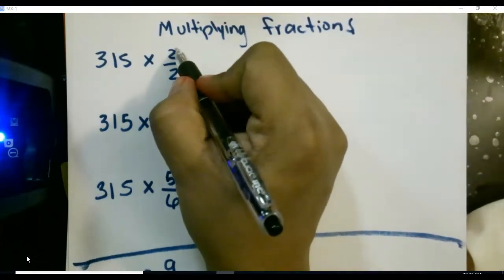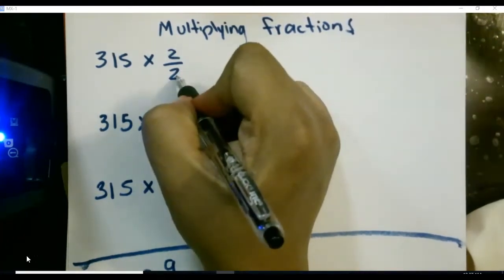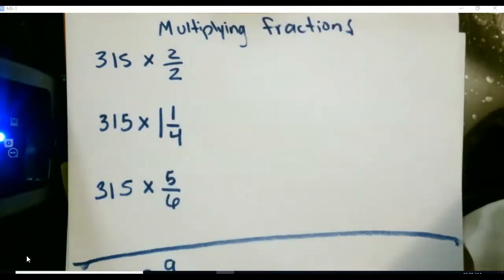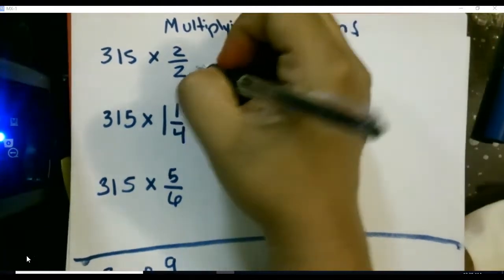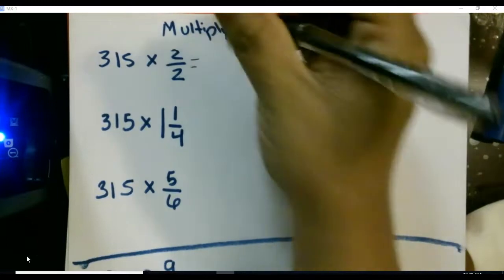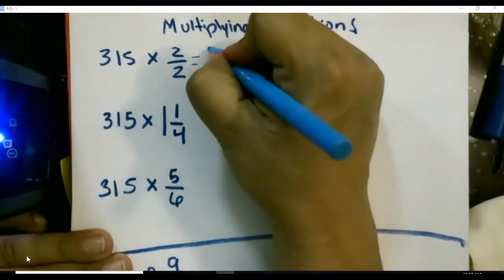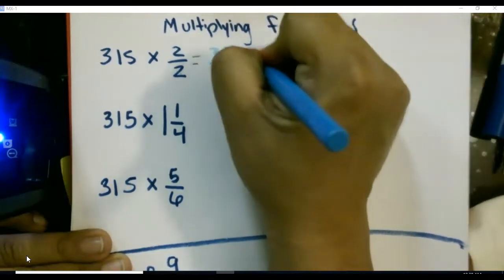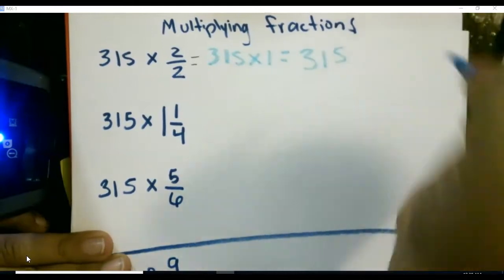If the number in the numerator is the same as the denominator, that will be equal to 1. So in this case, I know that 315 times 2 over 2 is the same thing as saying 315 times 1. So 315 times 1 is the same, the answer will be 315.